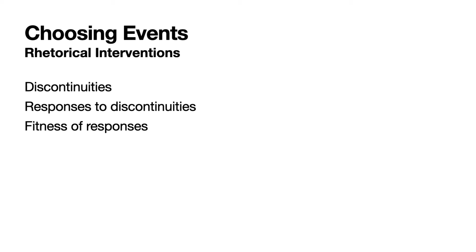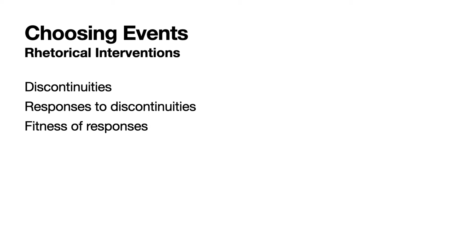I want you to choose things to analyze that may be written texts, but they may also be a little bit livelier than that. So you could imagine a protest. You could imagine a podcast. You could imagine an interview. You could imagine a press conference. Any number of situations could count as an event.